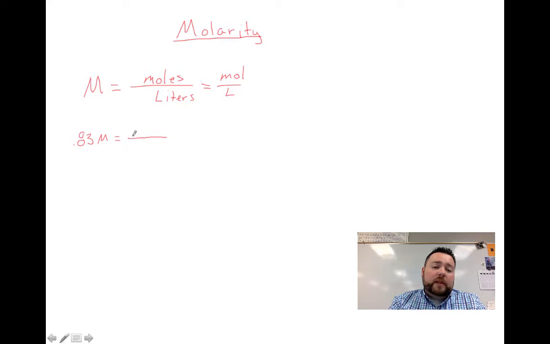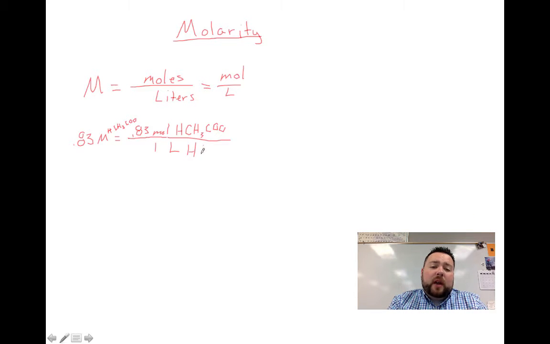So I could also write 0.83 moles of acetic acid. That's going to tell me how much acetic acid is in 1 liter of solution. Yeah, you're probably not going to use an entire liter, but this is just an example.